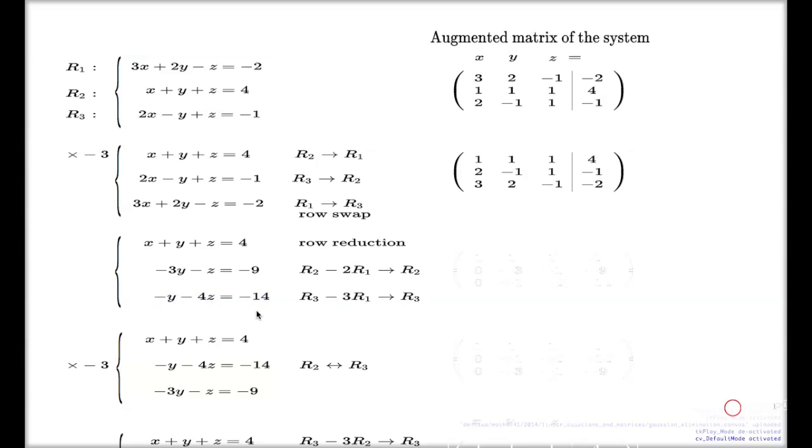If I do these reductions now, if I multiply the first row by -2 and add it to the second one, and then I multiply the first row by -3 and add it to the last one, the result of this will be this augmented matrix.